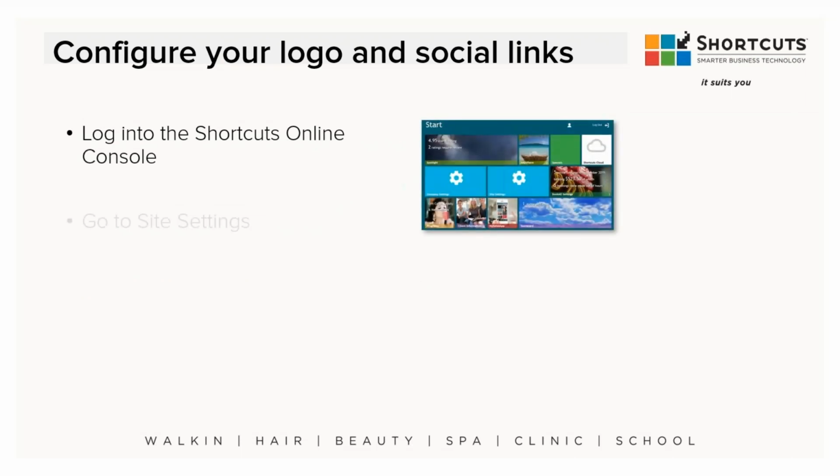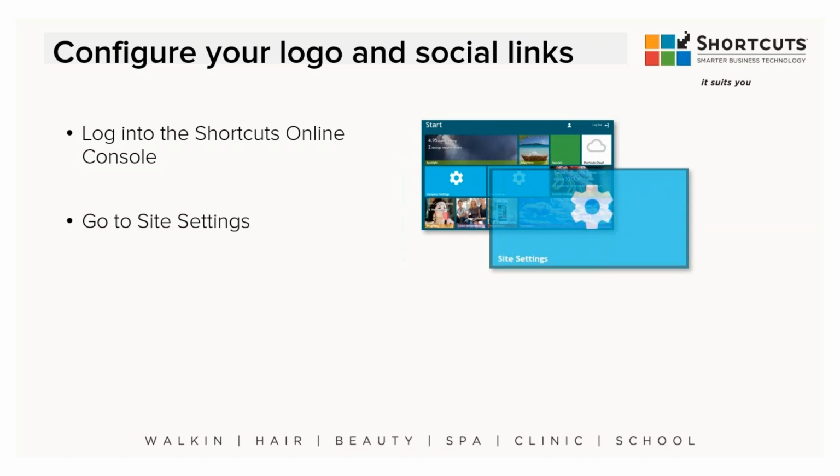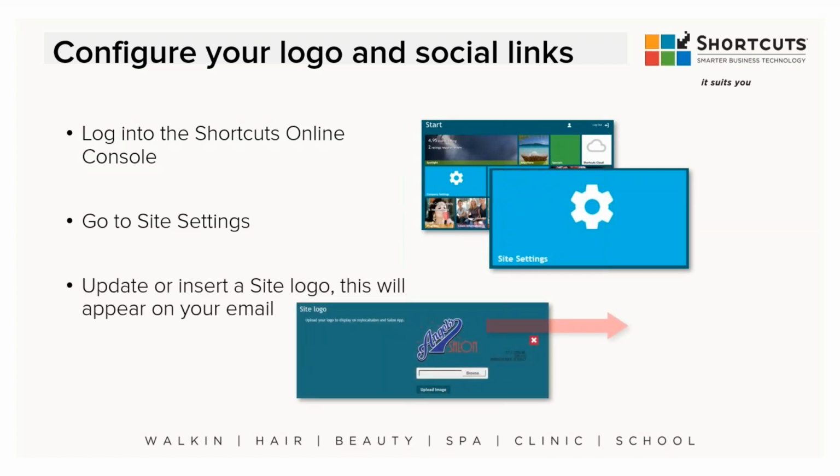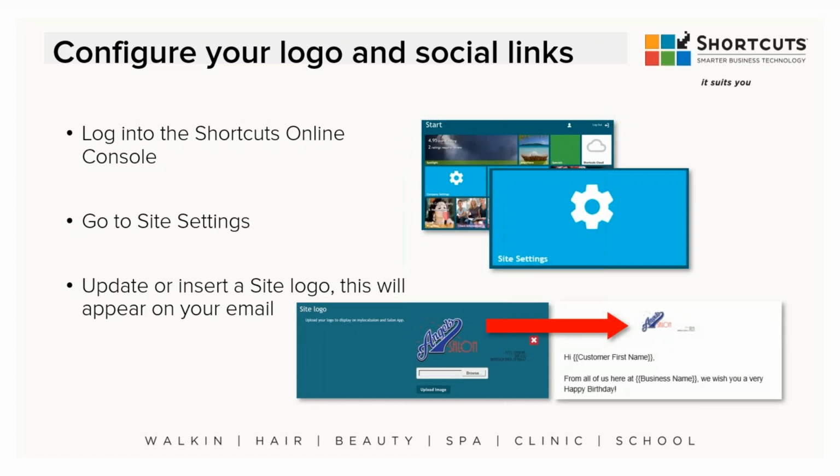So there's a site settings button in the console. In that button, we actually want you to update your company logo. This logo will then appear automatically in every email campaign. So that's the very first thing, the very first option you have in site settings, upload a company logo.